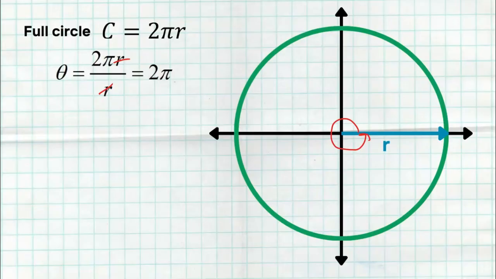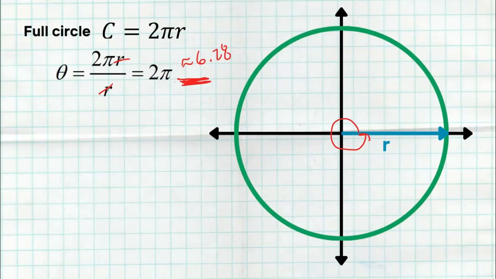Now notice I don't write radians after that. There actually is no unit on radians. We just say radians, but there's no inches, there's no degrees, there's nothing after it. It's just 2 pi radians. Now 2 pi is approximately 6.28. So there's approximately 6.28 radians in one full circle.